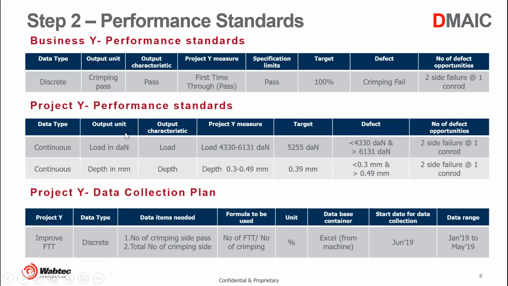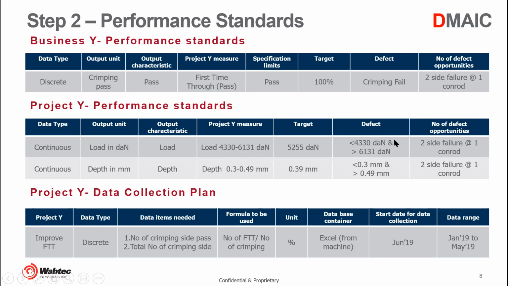Here we have said as business why, what is the why of this equation, which is the performance standards. Then we also bifurcate between what is discrete, for example, pass means okay and fail means not okay. So that is discrete. And then you have continuous, which is load. This is the data type we are going to have, measuring the data on this. This is continuous data where you will measure and find the measurable values.